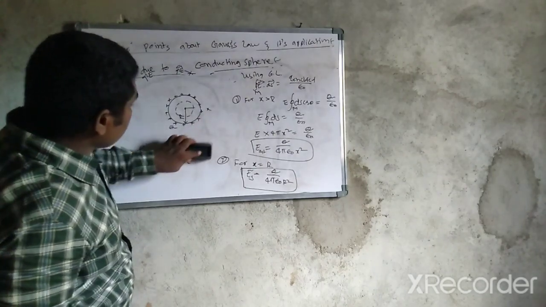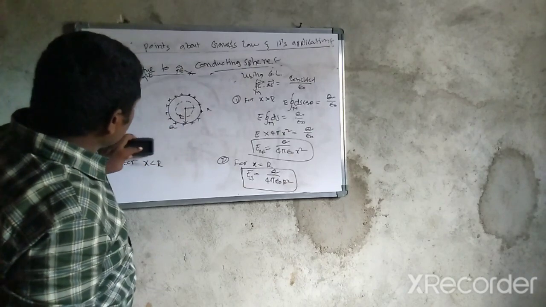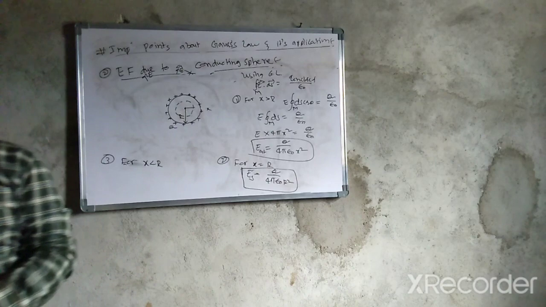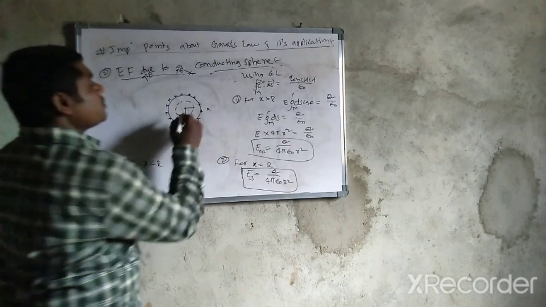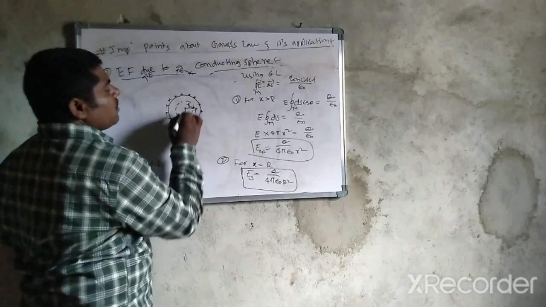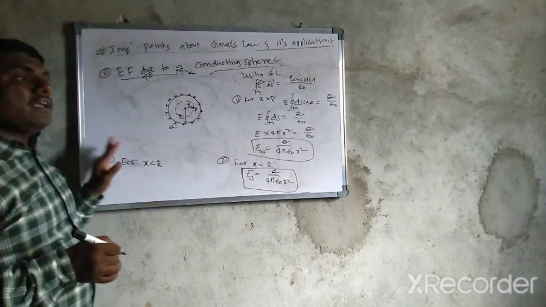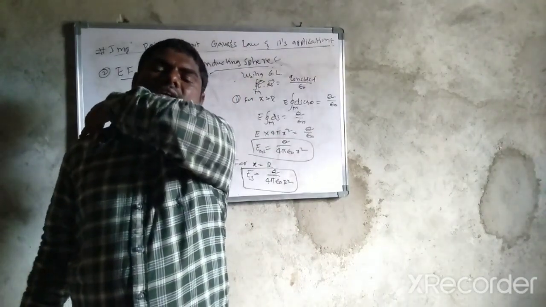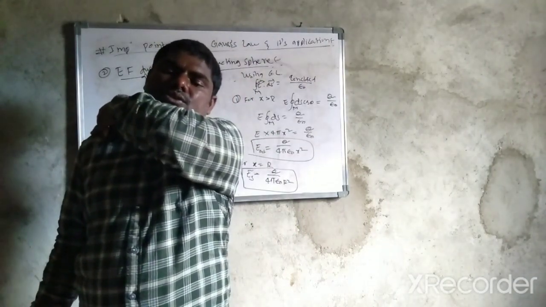By the symmetry property, the total enclosed charge inside should be equal to 0. The net enclosed charge is 0, that's why the electric field is also 0.